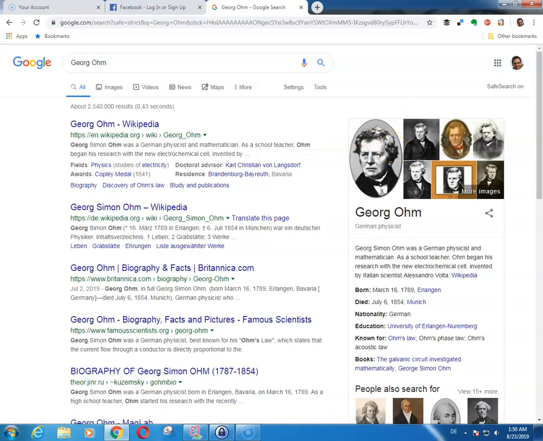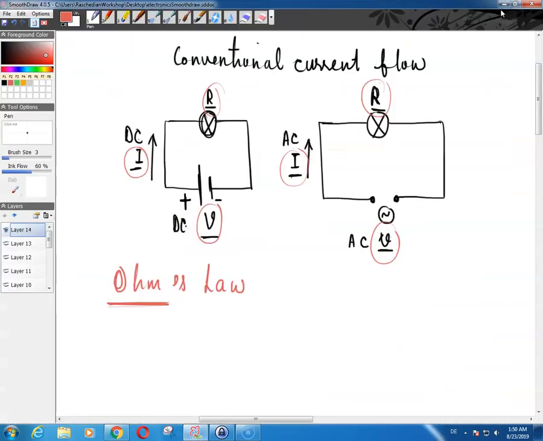And of course this relationship between the current and the voltage and the resistance is one of the most fundamental things in electrical and electronic circuits. Without that you could really do almost nothing.